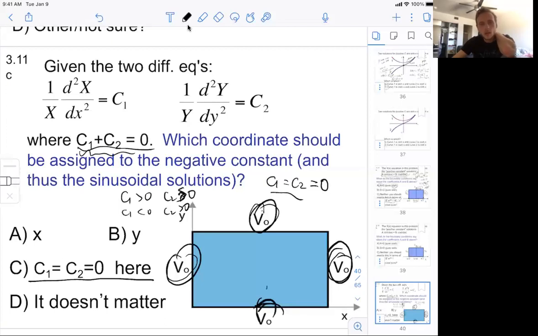And when you solve, anybody care to guess what V is in the middle? You can always guess. And if it satisfies the boundary conditions, it must be the unique solution. Just take a guess.